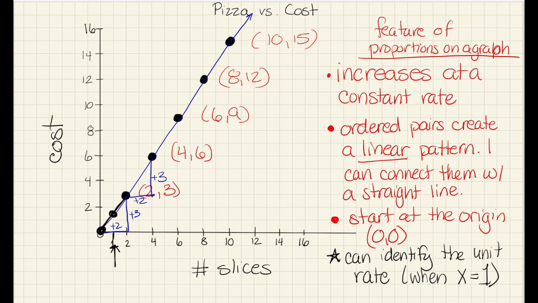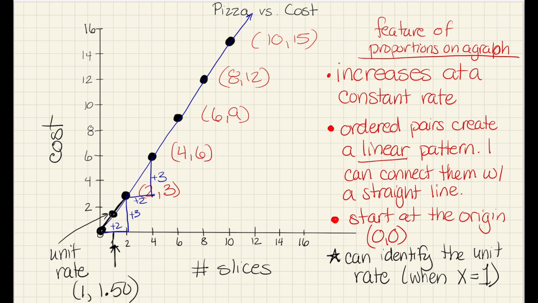And here it is, right there in the middle. This is our unit rate. 1 will be the first number, and whatever that second number is, that is our unit rate. For this graph, when I have one slice of pizza, the cost is $1.50. That's how much one pizza will cost.